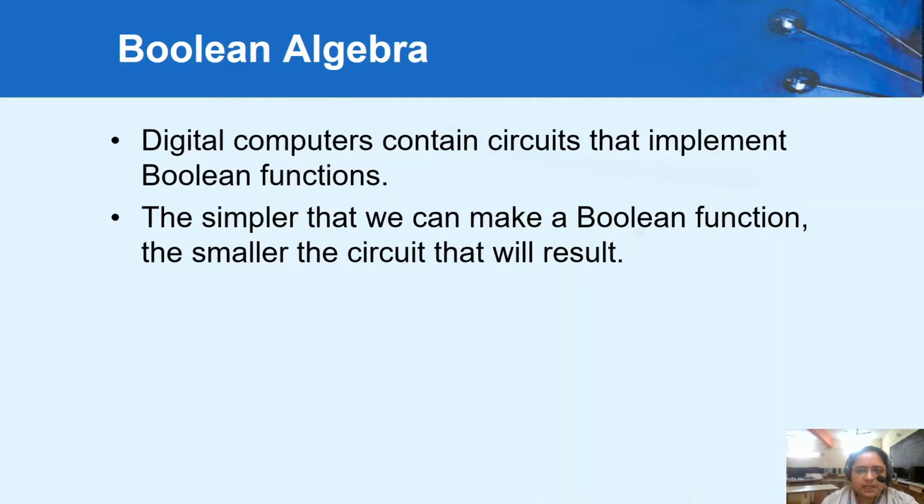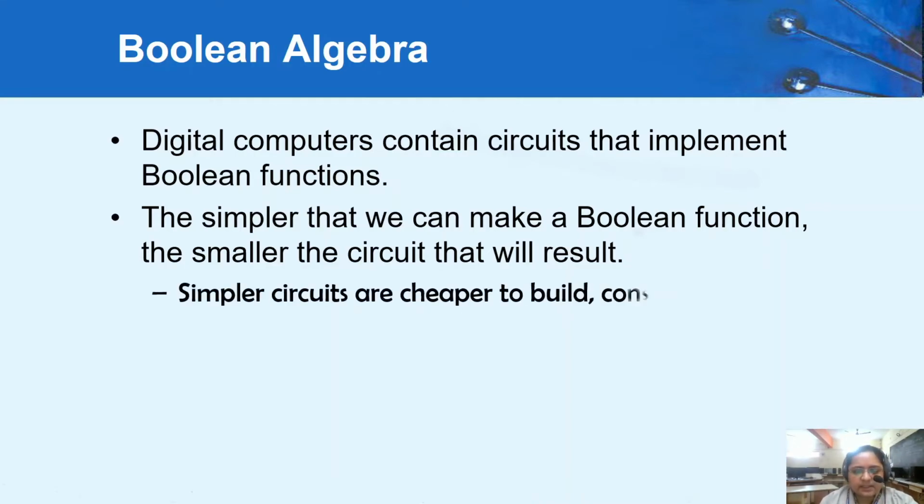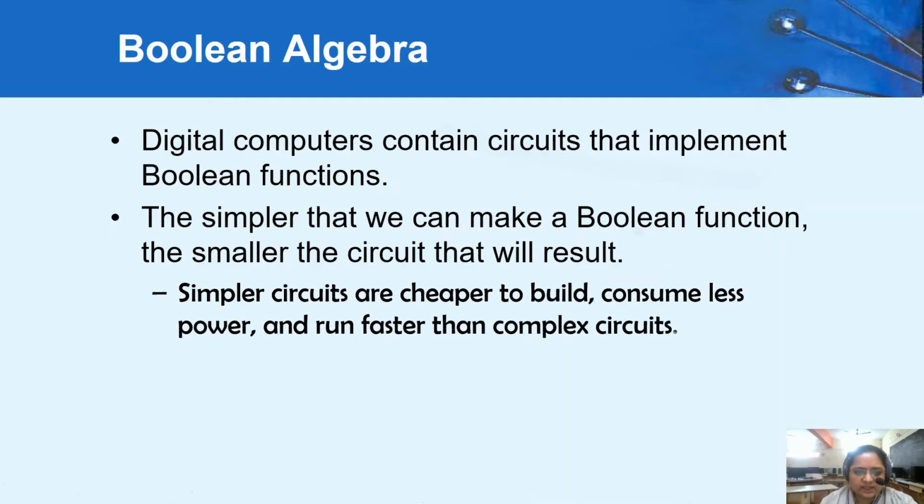So students, the main concern over here is to keep the circuit as simple as possible, because that will involve fewer logic gates, that is fewer electrical components, which will lead to the mass production of cost effective, inexpensive printed circuit boards and electronic circuitry. Simpler circuits are cheaper to build, consume less power and run faster than complex circuits.